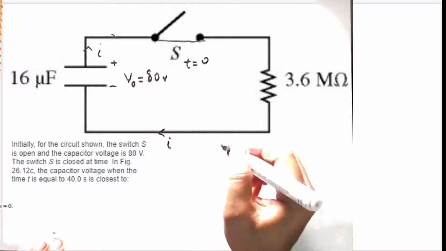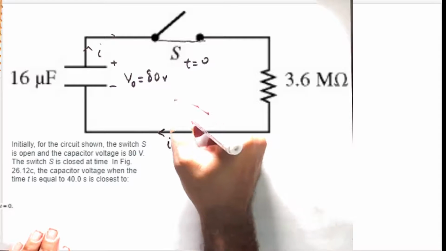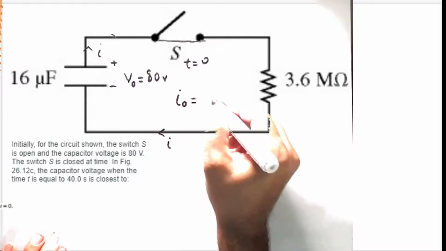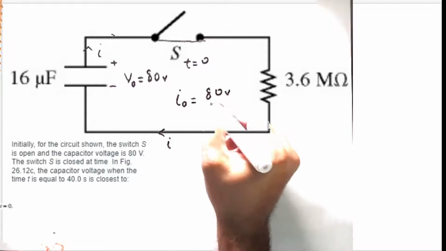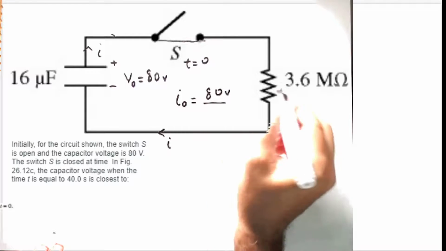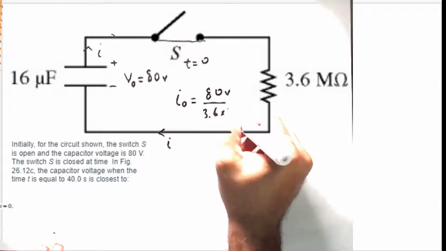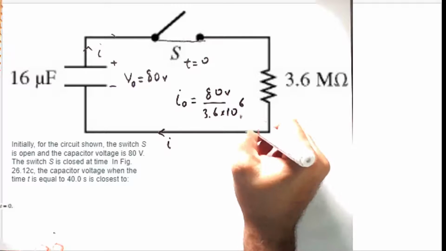Let me write down the maximum current, I0, the current at t equals 0. It is going to be 80 volts divided by this resistor, 3.6 mega ohm, which means 3.6 times 10 to the 6 ohms.